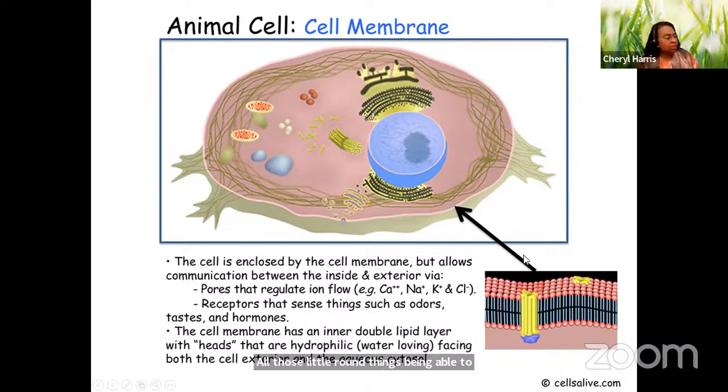So oxygen can pass through, water can pass through, little microscopic things can just pass through the cell membrane, and its job is not only a barrier, but a regulator. It allows what it needs to flow in, and it keeps what it doesn't need out. That's the job of the cell membrane, in addition to holding all the contents in place.